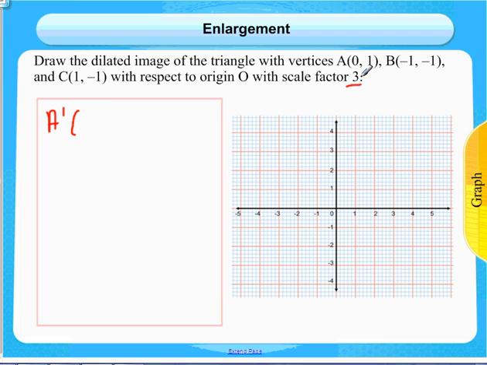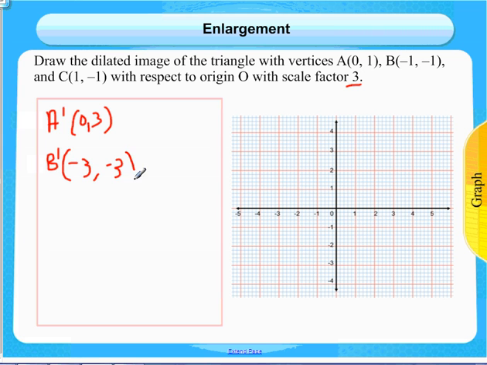So I'm going to multiply 0 times 3, which is 0, 1 times 3, which is 3. Then find the image of B, and that would be negative 1 times 3, which is negative 3, and again negative 1 times 3, which is again negative 3.